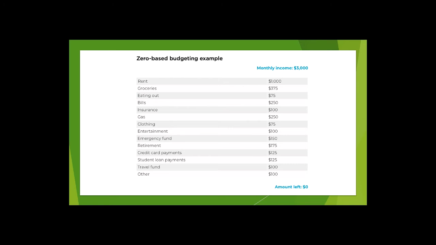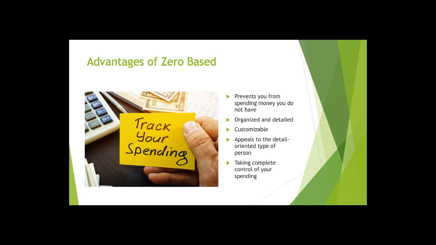Now, what are some advantages of using this method? It prevents you from spending money that you don't have, because you've got to track every single dollar. Therefore, it really forces you to be organized and detailed. Another advantage of zero-based is that it's very personalized and customizable to what you want to spend on. If it's something unique you're spending money on, then you create a category.